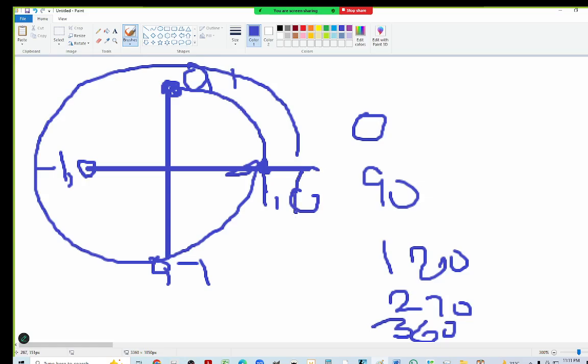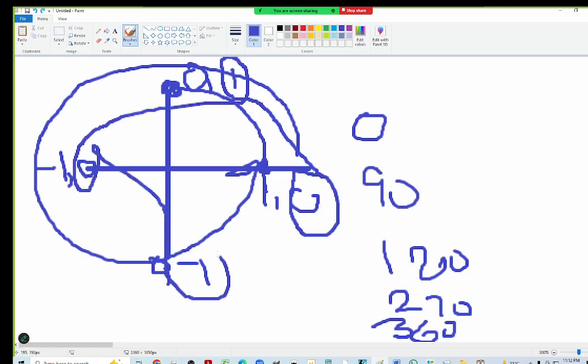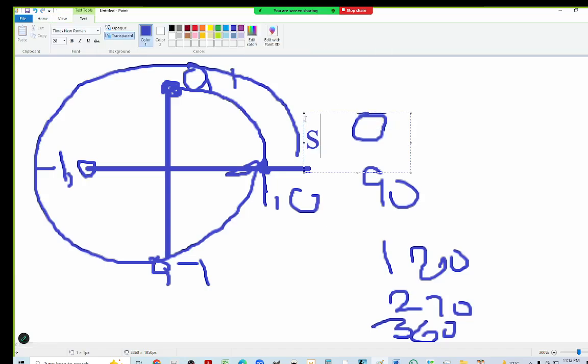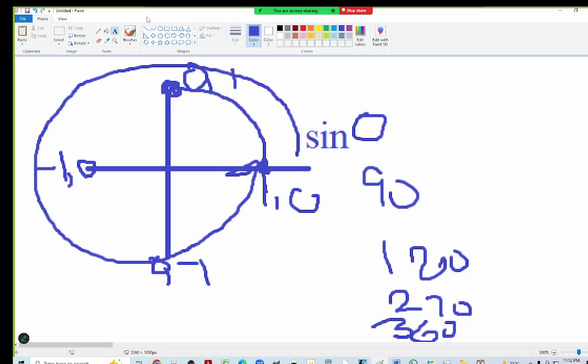The sine values of these numbers are the y values. Just memorize that. The sine of 0 degrees is equal to this number here. 0. The sine of 90 degrees, which is here, is this number here. What is it? 1.